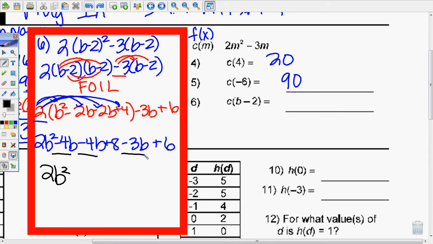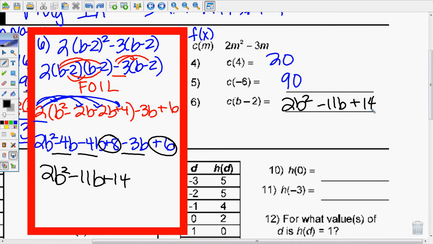So 4, 4, and 3 makes a negative 11b. And then I'm left with 8 and 6. What's 8 plus 6? 14. So my final answer is 2b squared minus 11b plus 14. And that is your final answer for that one.